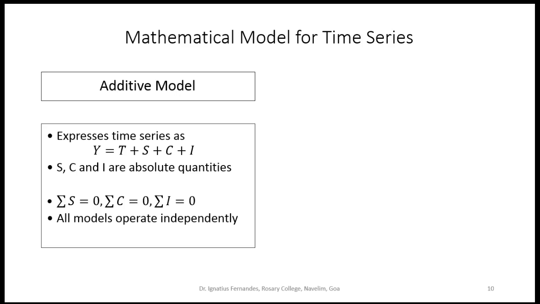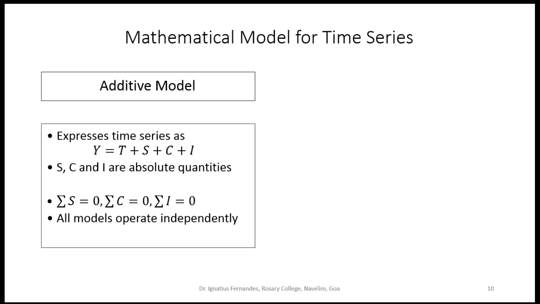Like, the time series y is expressed as T plus S plus C plus I, where T is the secular trend, S is the seasonal variation, C is the cyclical variation, and I is the random variation. So in the additive model, the time series is expressed as the sum of all these variations.